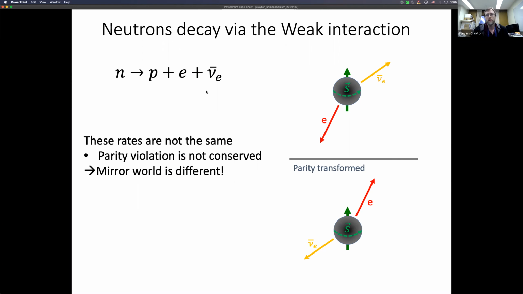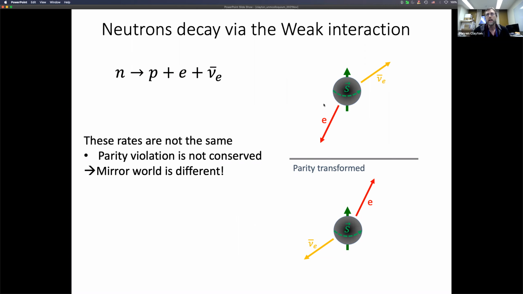One of the interesting things about the weak interaction is it does not conserve a symmetry called parity. So if you take a neutron here, and the green arrow is supposed to represent the spin direction, which is one of its quantum properties, you would have a neutrino fly in one direction, an electron in another, and I don't draw the proton here.